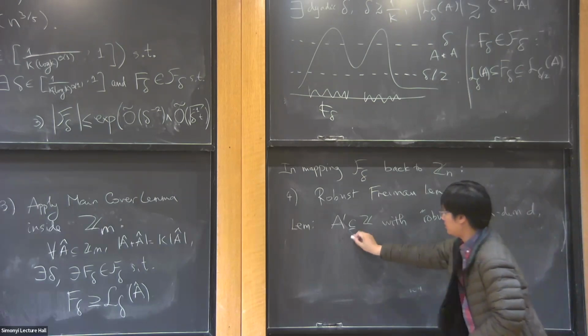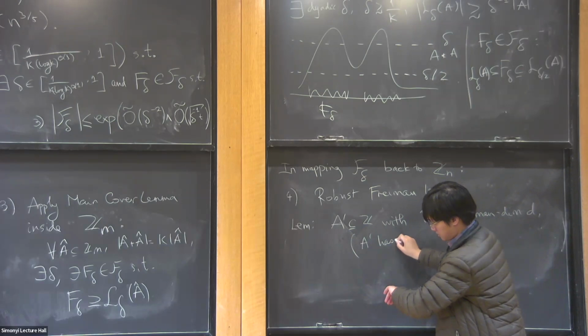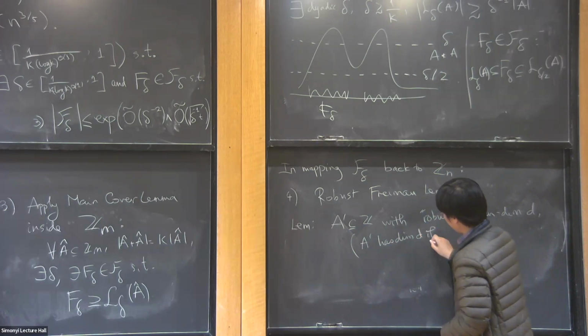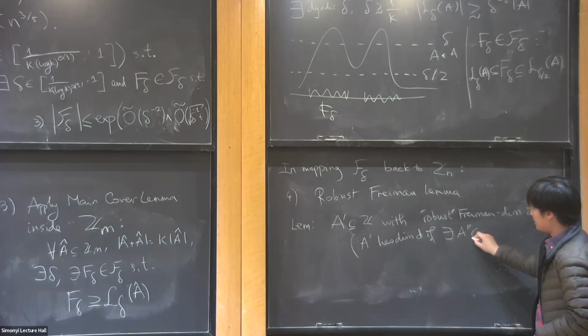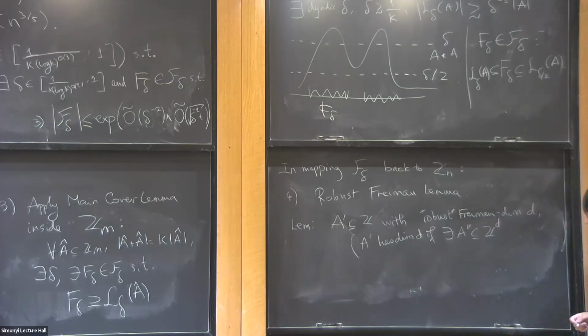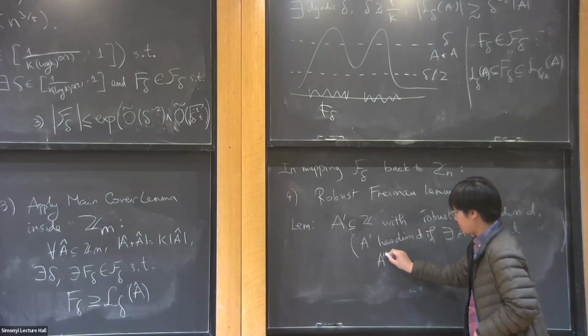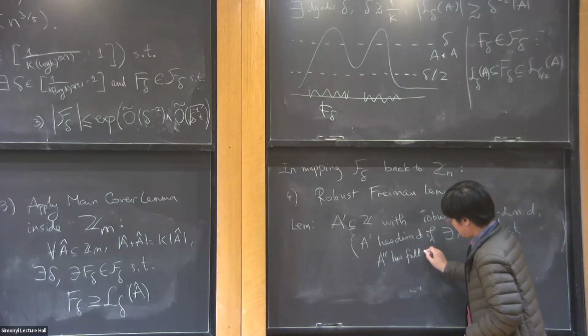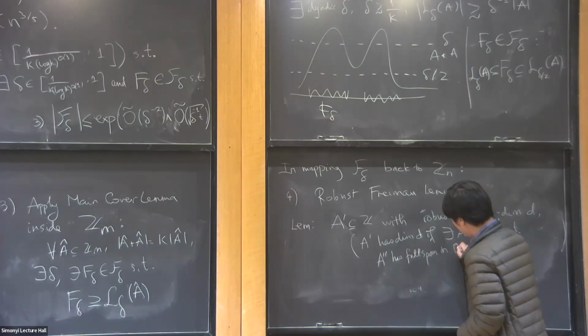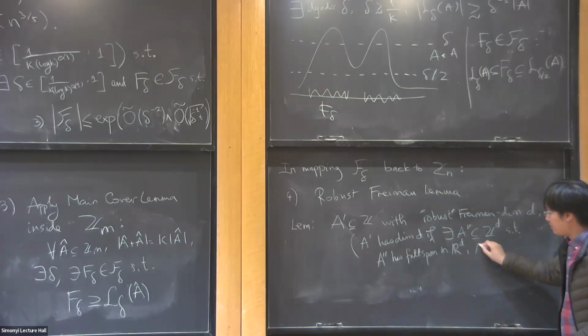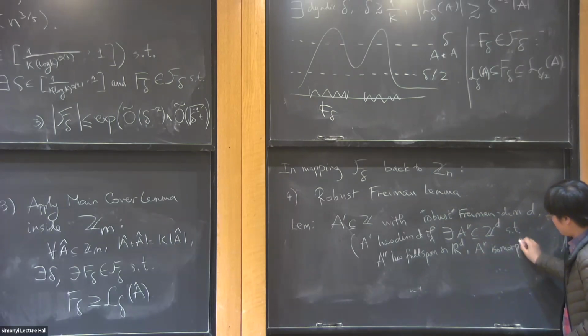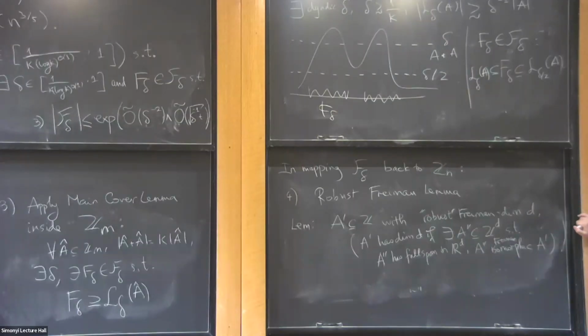Okay, so here A prime has dimension d if there exists some other set inside now Z to the d such that A double prime has full span in R^d, and A double prime is Freiman isomorphic to the set A prime. Okay, so this is exactly what it means to have Freiman dimension d.